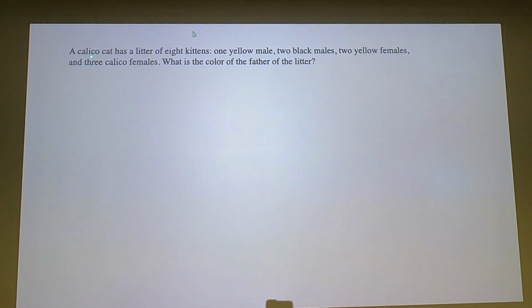We got a Calico Cat, and this Calico Cat has been sneaking around, and we don't know what the father cat looks like. But we get these kittens out of it. One yellow male, two black males, two yellow females, and three calico females. And we're going to ask, what is the color of the father? So we can hunt him down and get him neutered down at the vet's office, right?